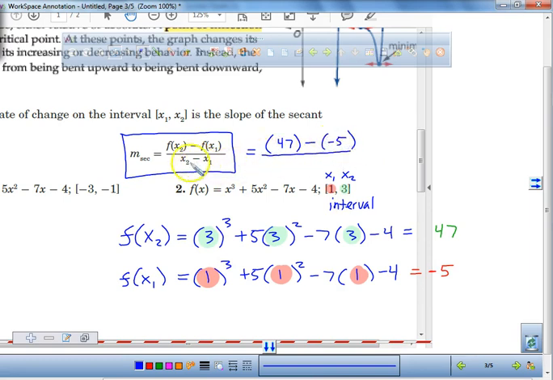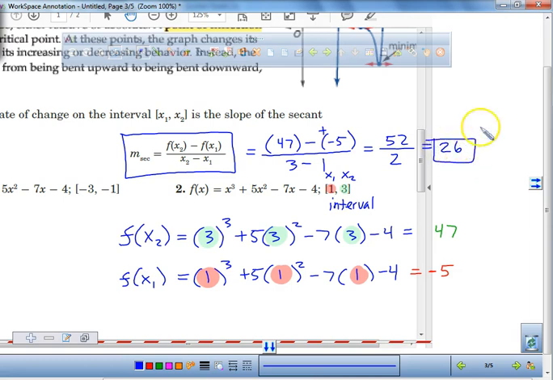All divided by, what was our second x value? It was 3, right? And our x1 was the number 1. So we have 47 minus a -5. That's going to change to a plus, and what are we going to get? What's 47 plus 5? 52. Good. 3 minus 1 is 2. So our average rate of change for this secant line ended up becoming the number 26.